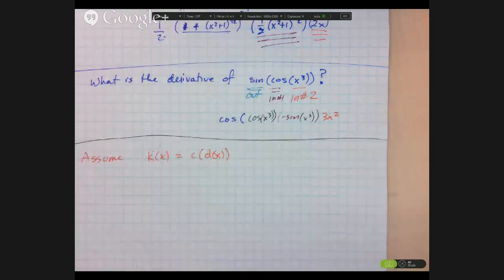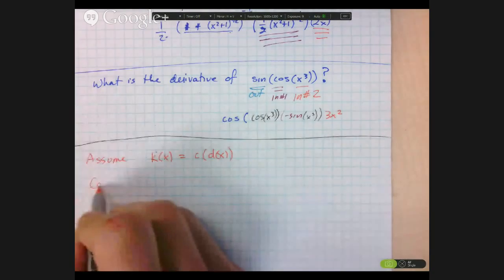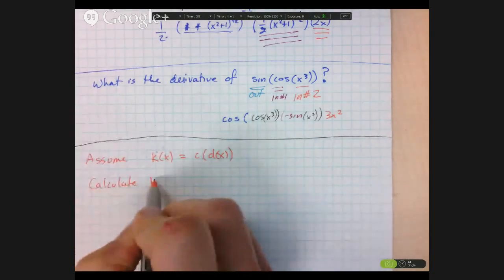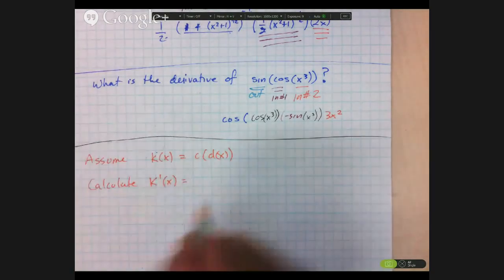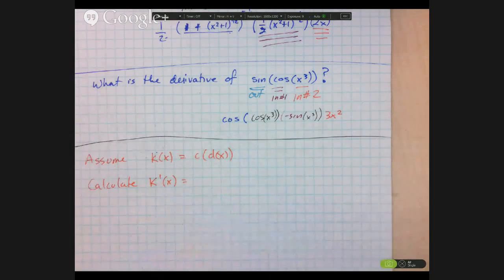Okay, we're going to get a little more abstract. I'm waiting for everybody to write. K of x equals C of D of x. It's a composite function.